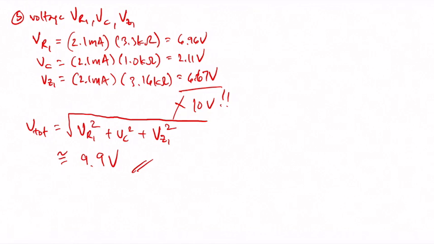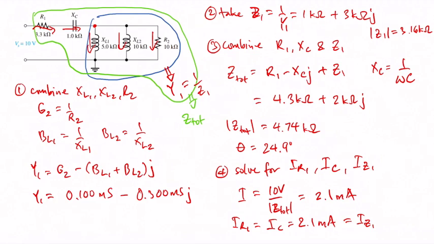Now VZ1 is the voltage across the equivalent impedance Z1. But the equivalent impedance Z1 was obtained by taking XL1, XL2, and R2 in parallel, which means that the voltage across these elements is the same as the voltage at Z1. So that's 6.67.